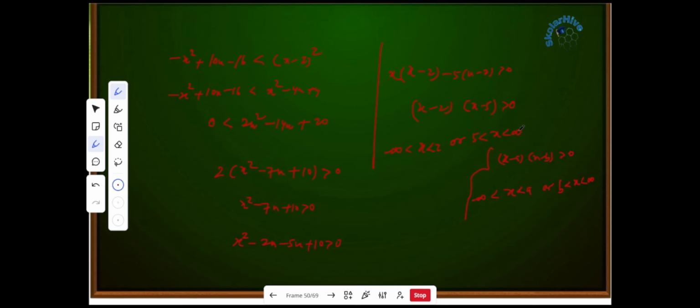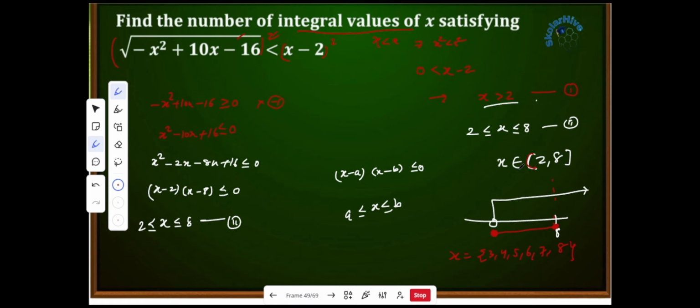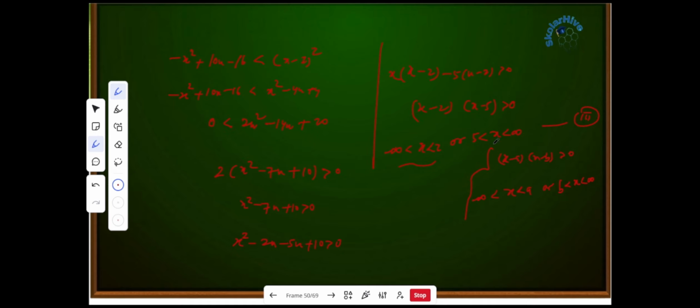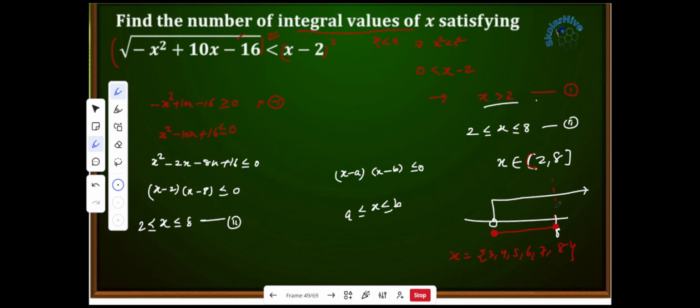This is result number 3. If you again see, the first result that we got is x value from 2 to 8. So less than 2 is not at all valid. So this is not valid. In this, bigger than 5 means from 5 to 8, and here we have 2 to 8.